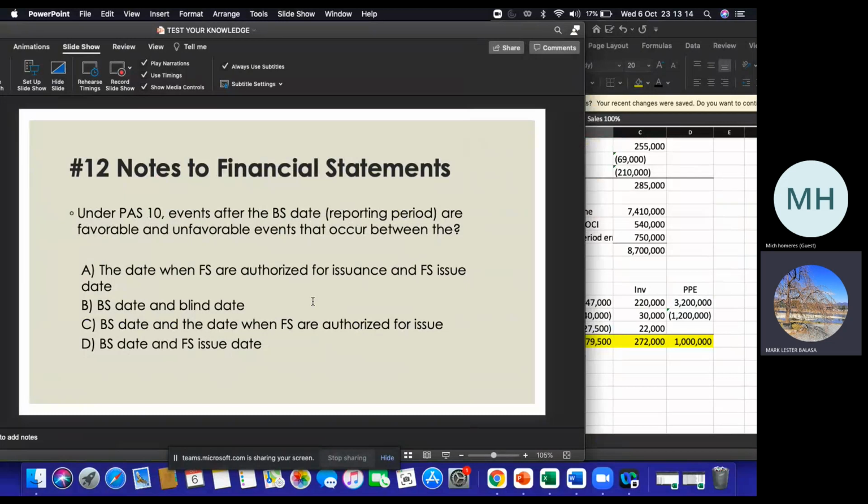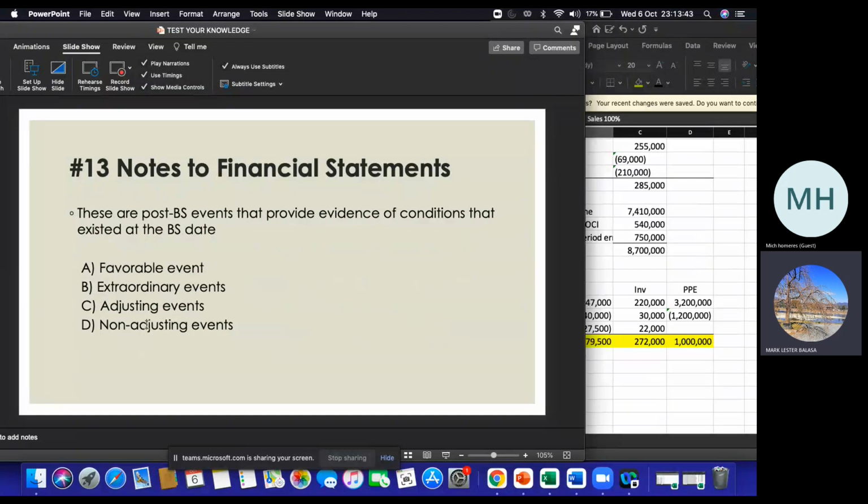When we talk about authorized for issue, ibig sabihin, the board of directors reviews the FS and authorize them for issue. Okay? So yan, letter C is your answer. Syempre, dun sa balance sheet date mo, meron tinatawag na mga subsequent events eh. Alright? So aalamin mo pa kung adjusting event or non-adjusting event yon. Okay? Para kung i-adjust mo ba o hindi.